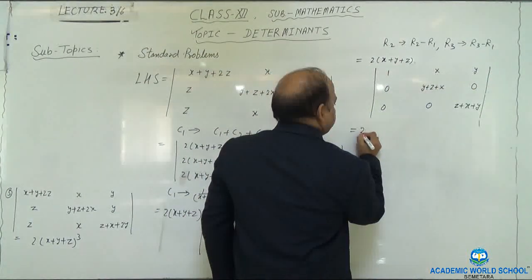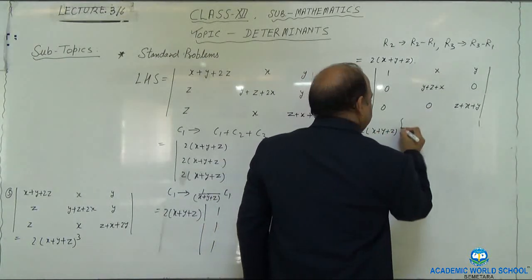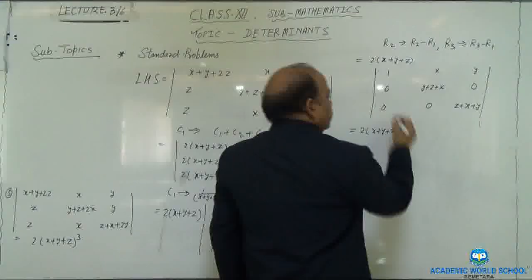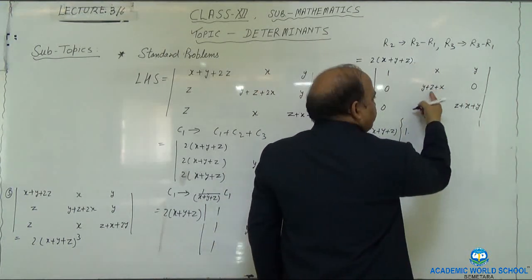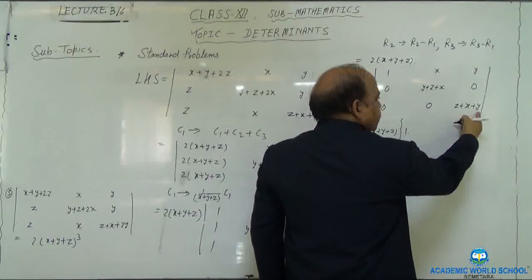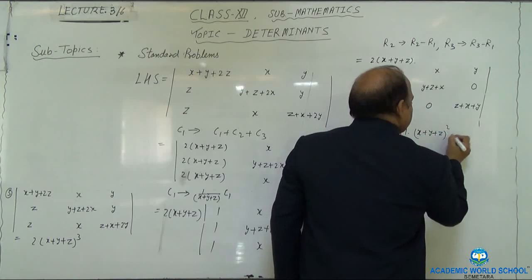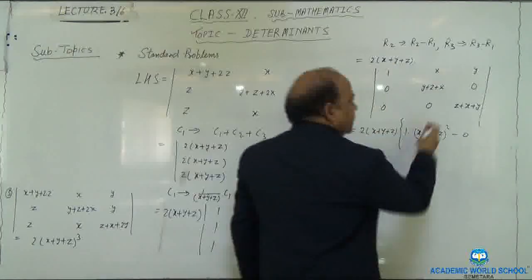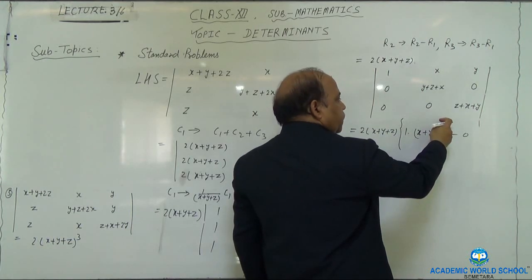You will get 2x plus y plus z. Then expanding about this, 1 into this, x plus y plus z times x plus y plus z, you are left with x plus y plus z whole square minus 0. You can see that this into this minus this, so this will become a whole square.